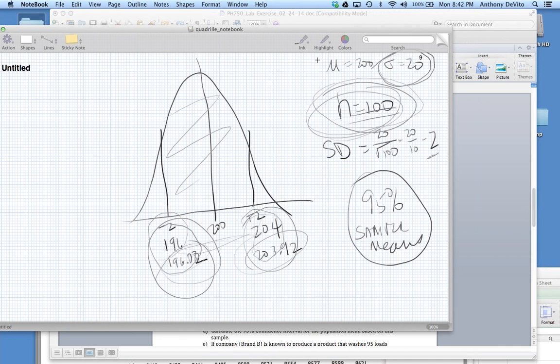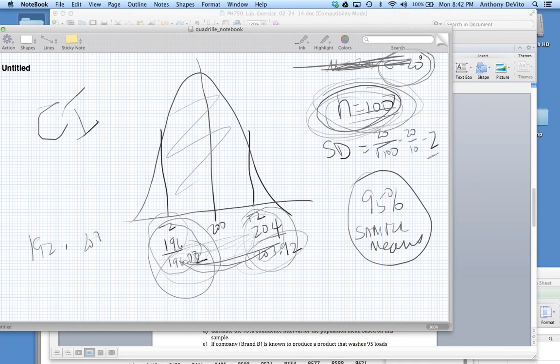That also means that if we didn't know anything about the population, the bigger the sample size is, the narrower our confidence interval can be for predicting the actual mean. That makes it more valuable. If I can say that I'm 95% sure the mean is between 196 and 204, instead of saying between 192 and 208, that's more valuable than that wider range. That wider range is less informative to me.